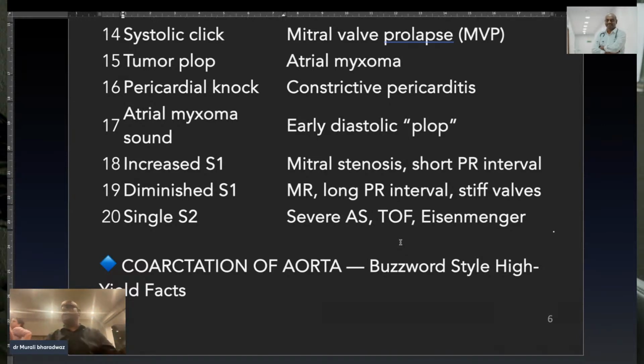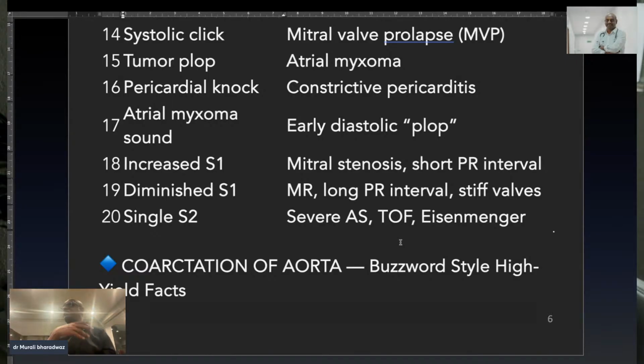Where do you find a single S2? Whenever there is TOF. In tetralogy of Fallot there is such a severe pulmonic stenosis that the pulmonic sound is not heard at all. Then Eisenmenger syndrome: pulmonary hypertension significantly also makes the pulmonic sound not heard.